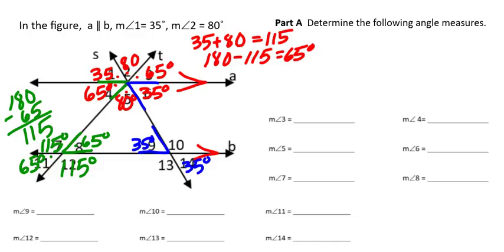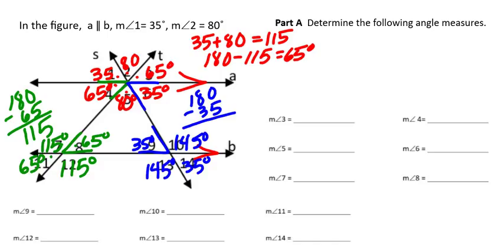Then again, we can see that 9 and 10 form a linear pair. So we could do 180 minus 35 for angle 10. And angle 10 is 145 degrees, which means that angle 13 is also 145 degrees because they are vertical angles.